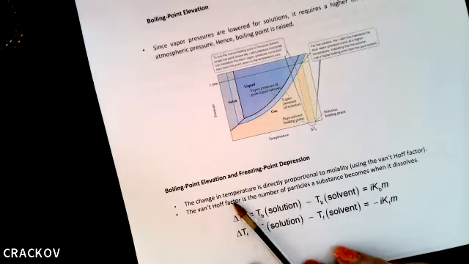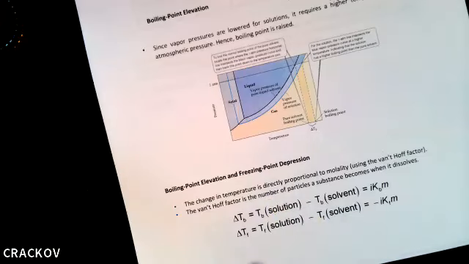The change in temperature is directly proportional to molality using the Van Hoff factor. The Van Hoff factor is this I here, the number of particles a substance becomes when it dissolves.